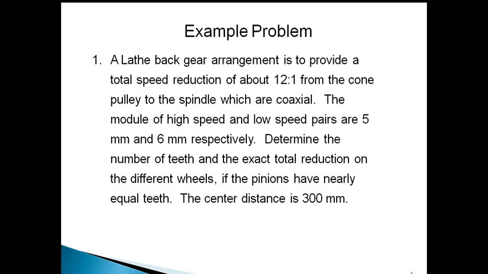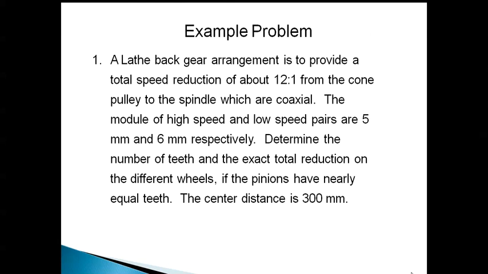The modules of high speed and low speed pairs are 5 mm and 6 mm respectively. Determine the number of teeth and exact total reduction on different wheels if the pinions have nearly equal teeth. The center distance is 300 mm.